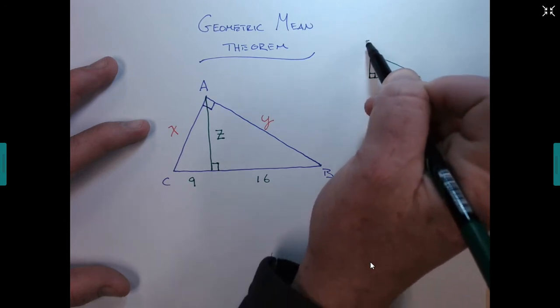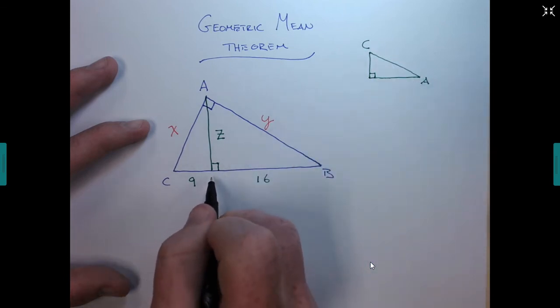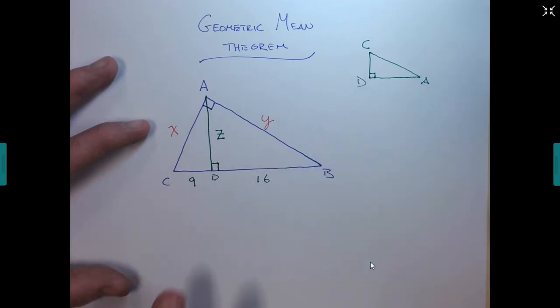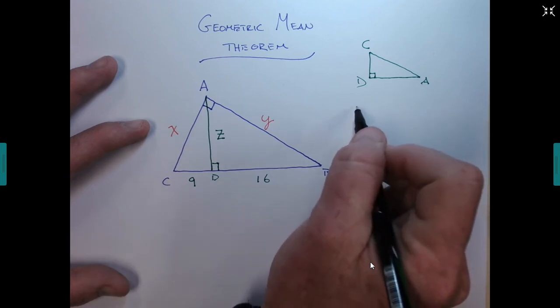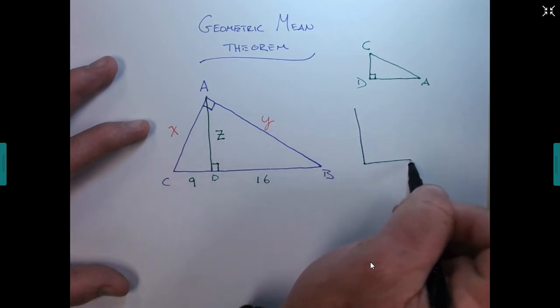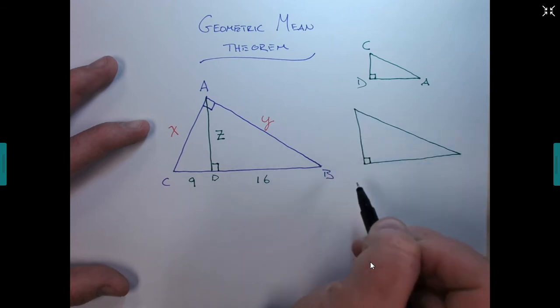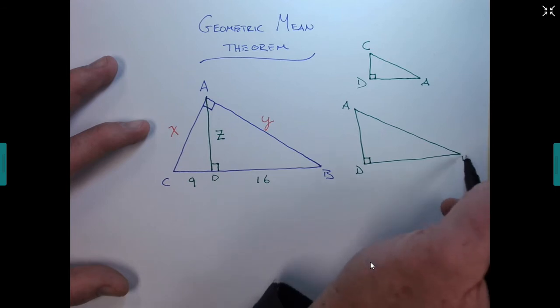So now C is up there, A is over here, and let's give this the letter D. The medium-sized triangle, I can just simply slide it over here, and it'll be in the same position as the little triangle. A is up here, D is here, and B is here.